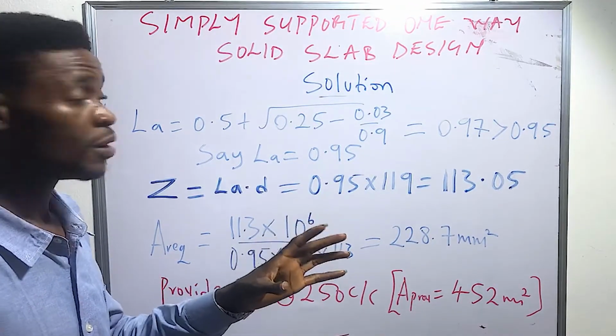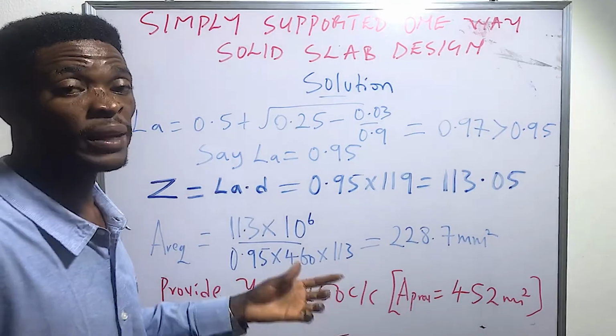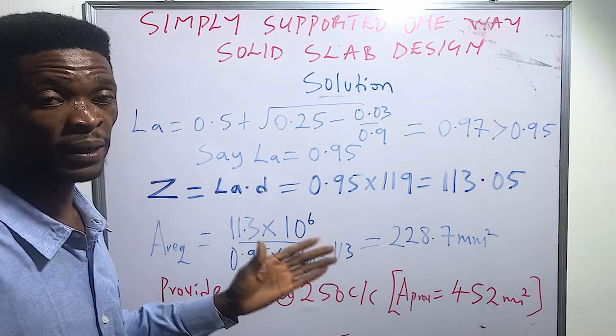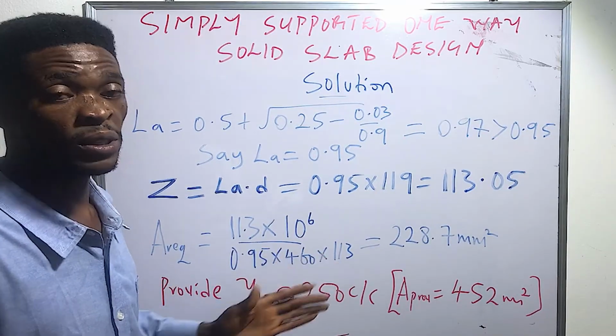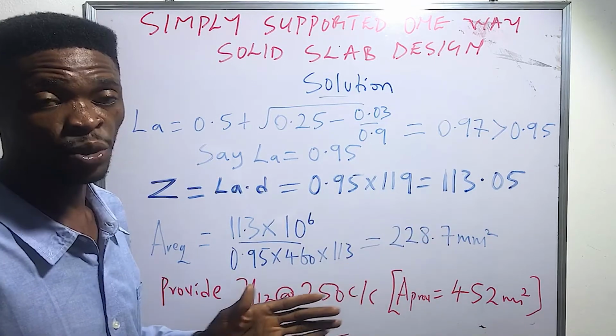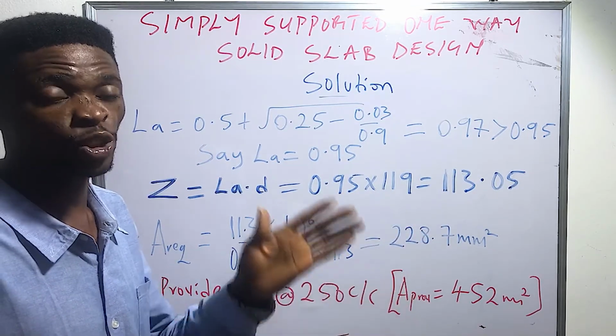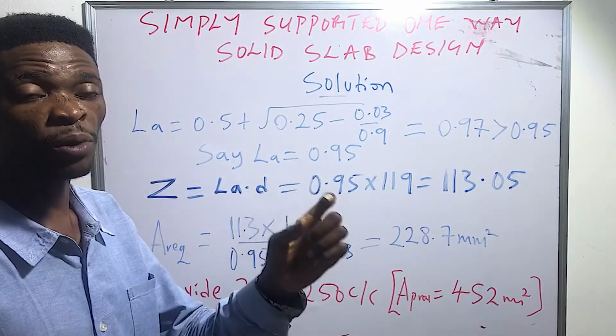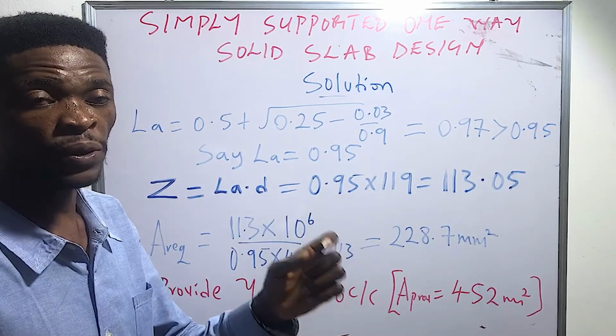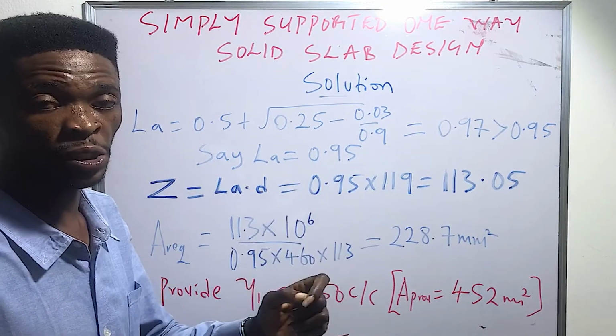Now the next is for us to get our distribution bar. For a one-way slab, you only design for the shorter span. Then for the longer span, you only get your distribution bars reinforcement. That distribution reinforcement is the minimum reinforcement, which is 0.13% of BH.